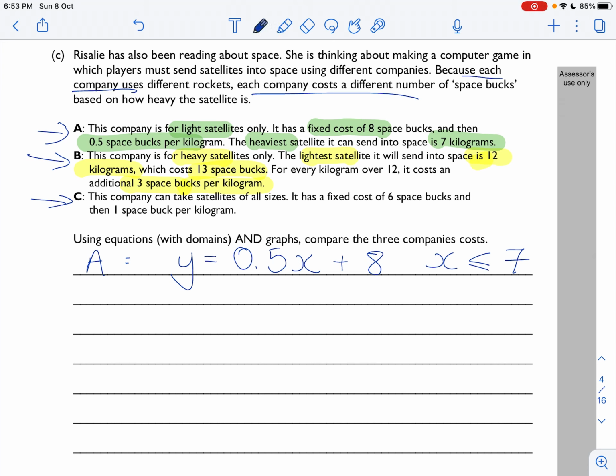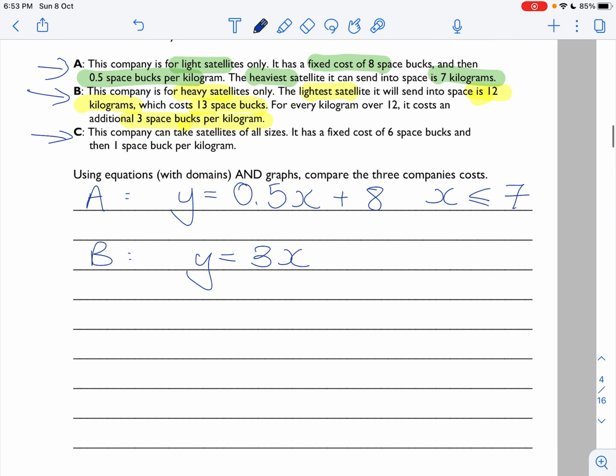Okay, so if we transfer that to an equation, the variable bit is 3, so we're going to times that by X, the number of kilos. Now what we know is that when X is 12, it's going to cost 13.